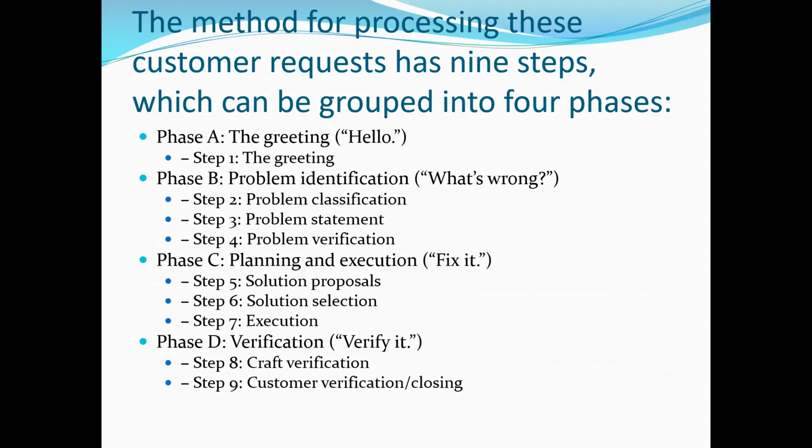So here this provides a basic method that you can follow for interacting with your customers. So the method for processing these customer requests has 9 steps, which can be grouped into 4 phases, right? So phase A, phase B, phase C, and phase D. And really it's about the hello, then the what's wrong, then fix it, and then verify it.